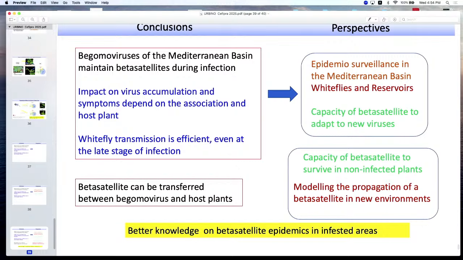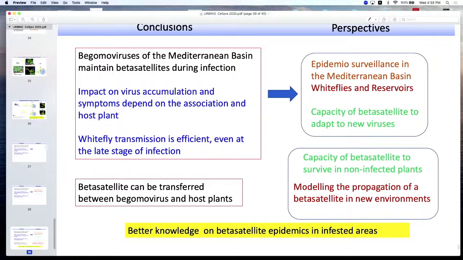For this, we will need better knowledge of beta satellite epidemics in infested areas, and we know that in India you have a lot of beta satellites. There are very few epidemic studies because many people are working on molecular biology, the functioning of the beta satellite, and how they interact with the plant and the virus, but there are almost no epidemiological studies telling us, for example, that this satellite is with this virus and not with this one, and that it moves from this plant to this one.